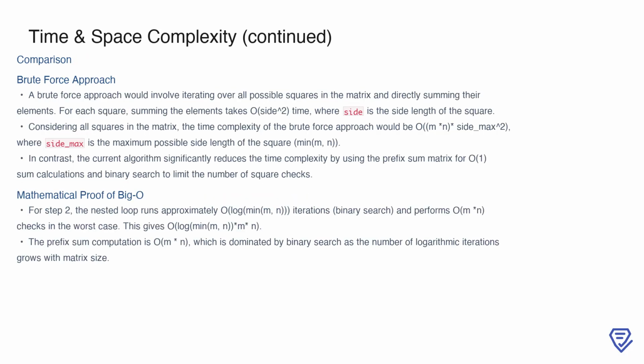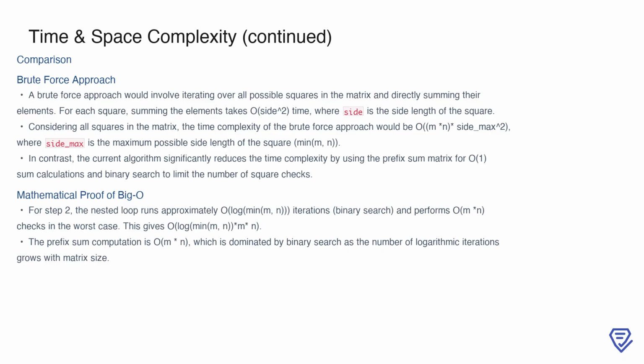When comparing this approach to a brute force method, the efficiency gains become evident. A brute force solution would involve iterating through all possible squares in the matrix and directly summing their elements. For a square with side length side, summing its elements takes O(side^2) time. Given the total number of possible squares in the matrix, the time complexity of brute force becomes O(m * n * side_max^2), where side_max is the maximum possible side length, or min(m, n).